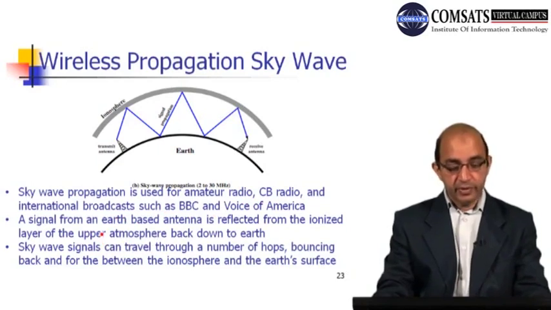So you can see a signal from an earth-based antenna is reflected from the ionized layer of the upper atmosphere back and forth, right? So you can see that we have a number of hops bouncing back and forth between the ionosphere and the earth's surface, right?